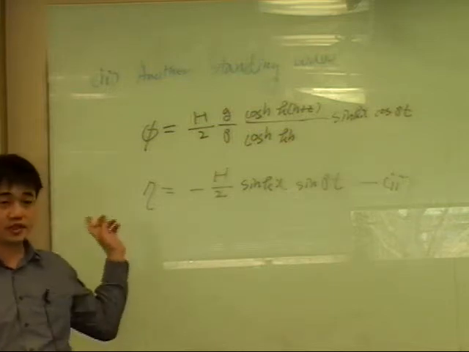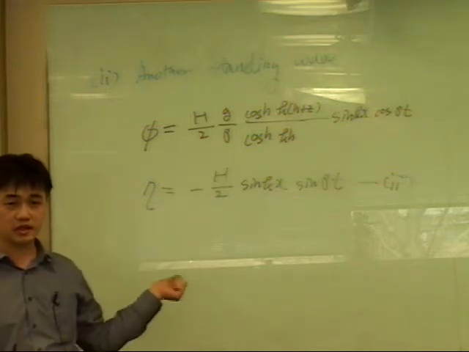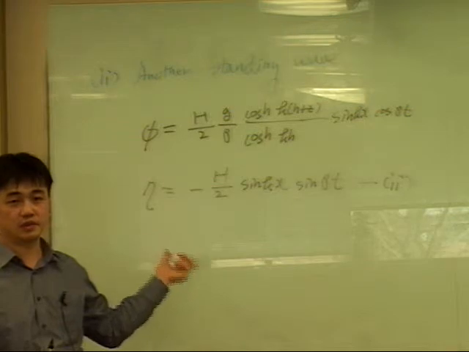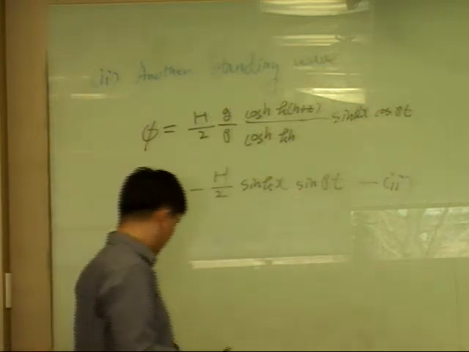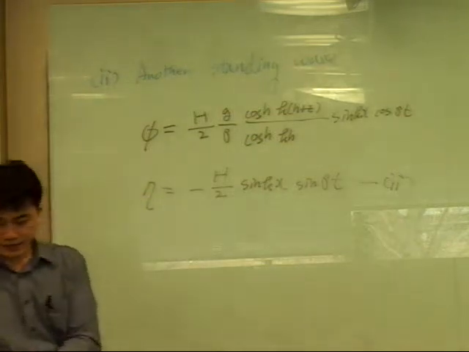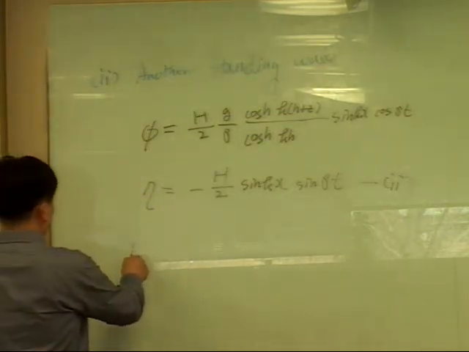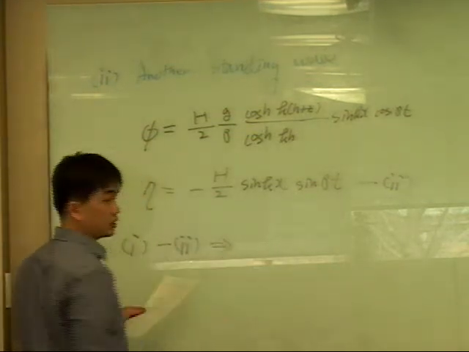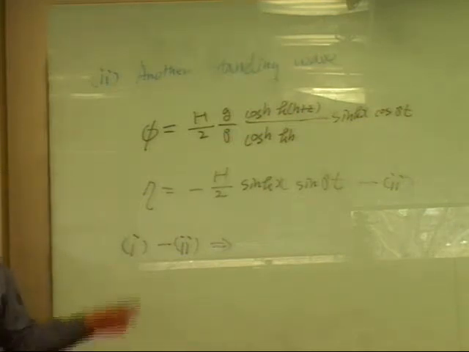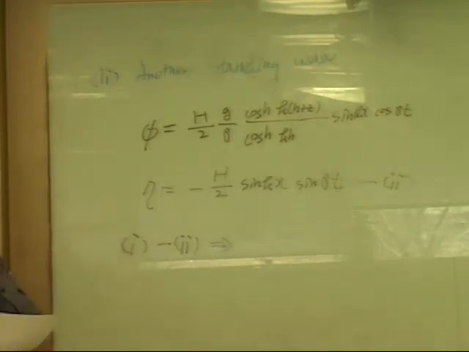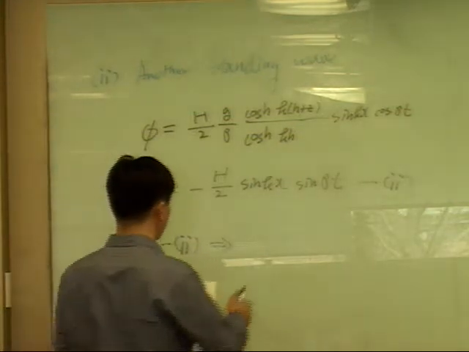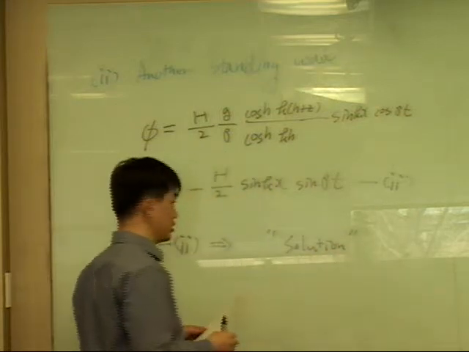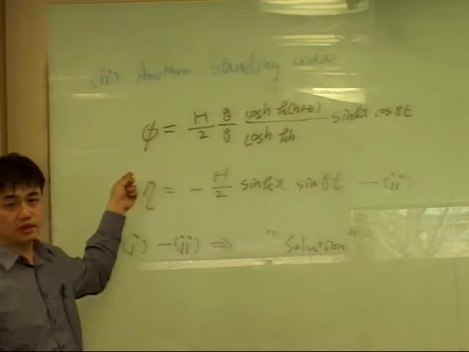So this solution also satisfies the governing equation and all the boundary conditions, and it also satisfies the dispersion relation. But here we can think of equation 1 minus equation 2. Can it be a solution? That can also be a solution, right? The superposition of both will be a solution.